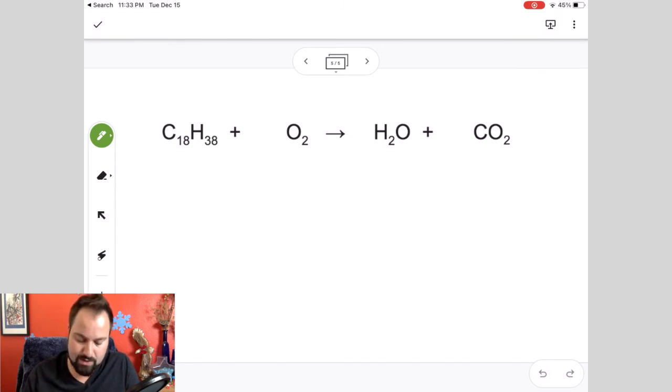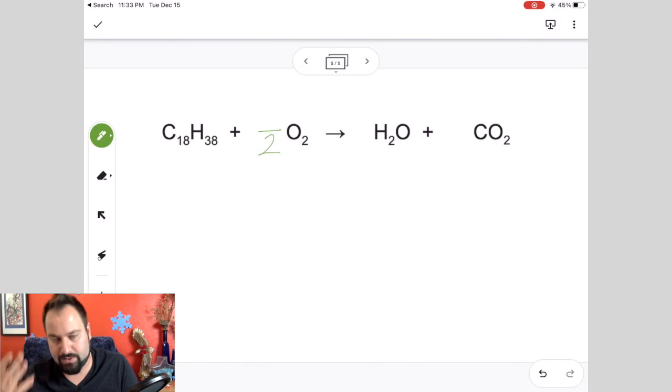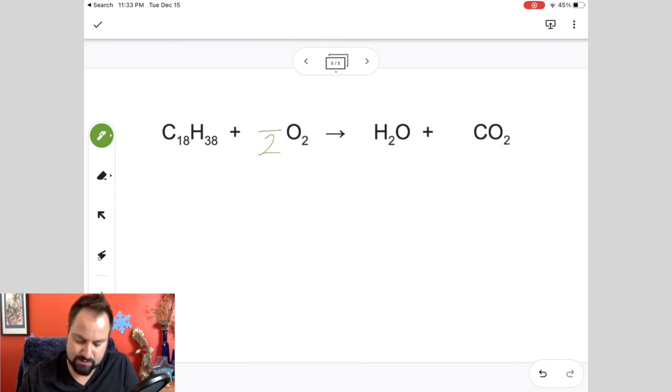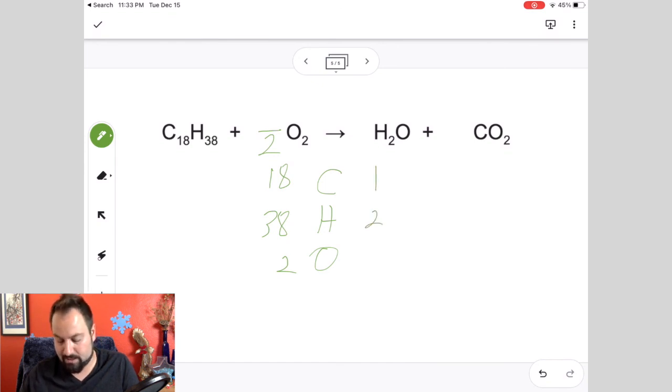But again, we know that with the polyatomic, we are going to just divide whatever we get from the right hand side by 2, and we're going to leave that to the end. So it's going to be carbon, hydrogen, and then oxygen at the very end. So our carbon, of course, is 18, 38, and 2. And on the other side, it's 1, 2, and 1 plus 2, but again, nobody really cares.